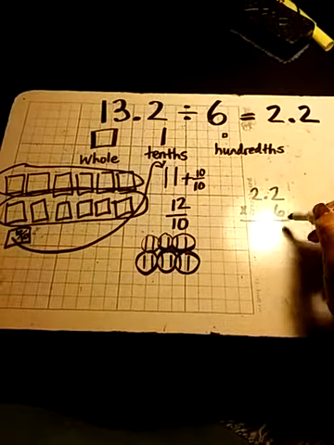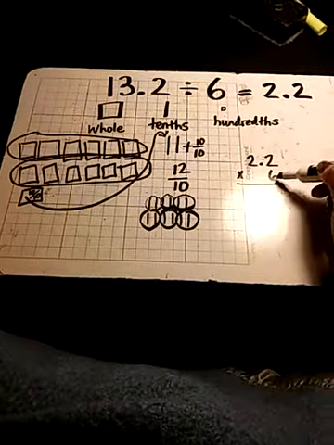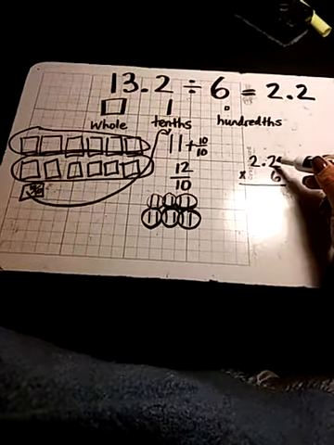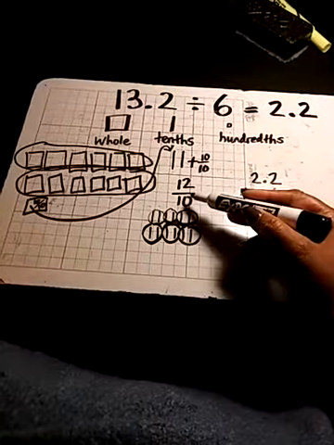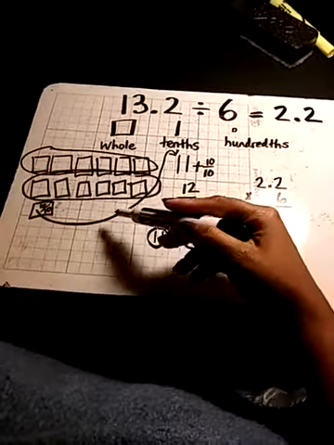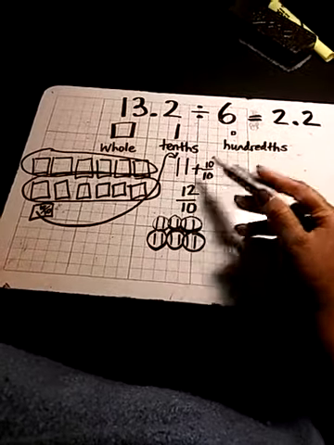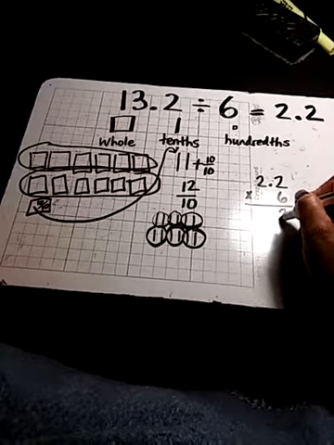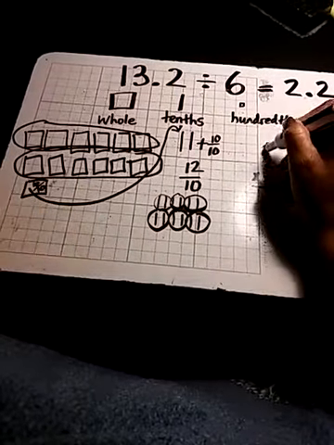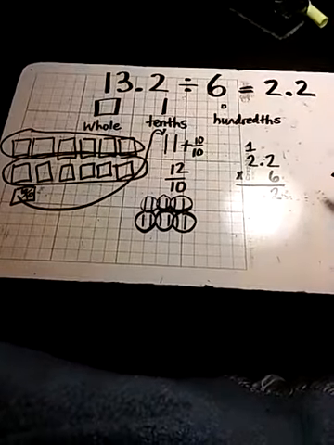6 times 2 is 12. Now, understand that 6 times 2 tenths is 12 tenths. And 12 tenths is equivalent to 1 whole and 2 tenths. So 1 whole and 2 tenths.